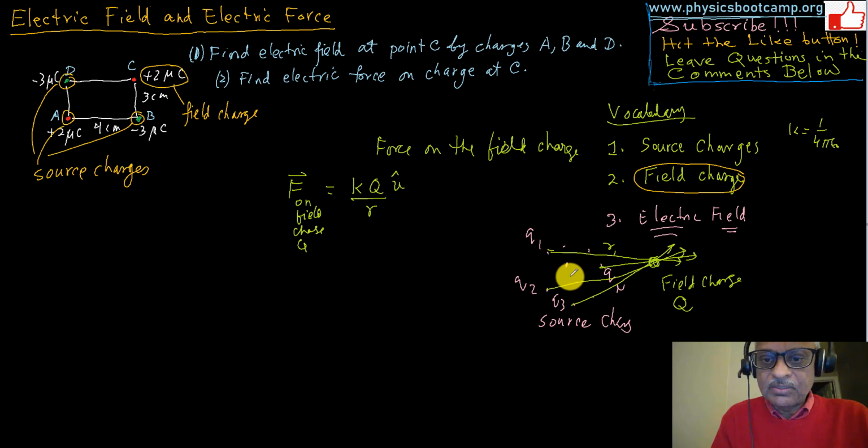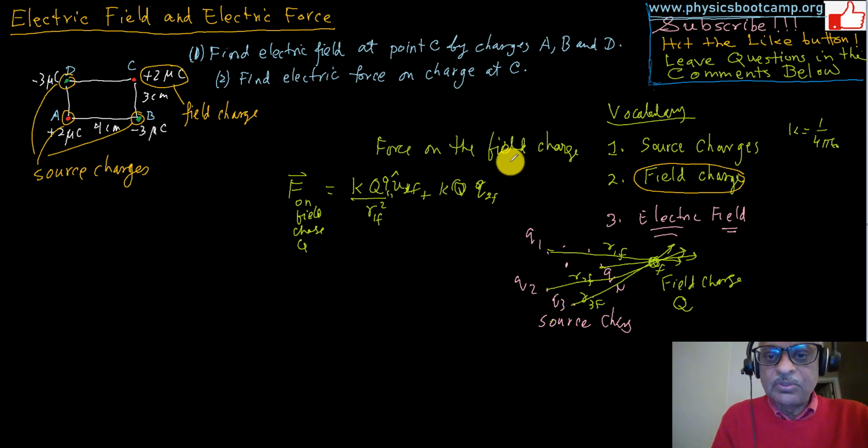Let's call these R1 to F, R2 to F, R3 to F. So this field charge, this location, be F. So k Q1 times unit vector R1 to F over R1 to F squared, plus k Q2 times unit vector from 2 to the field point over R2 to the field point squared, like that.